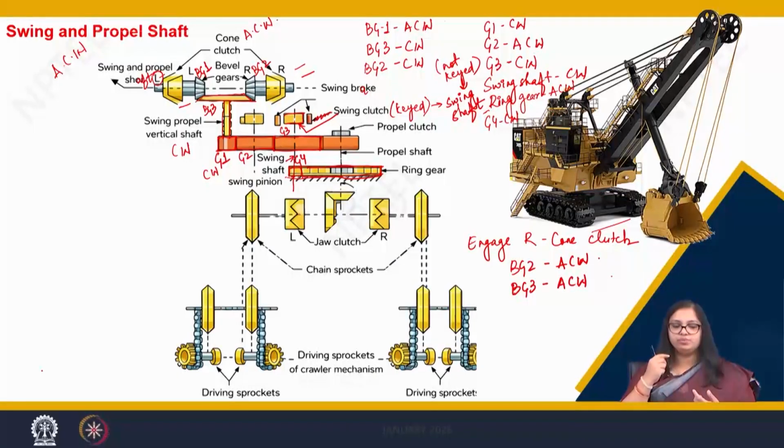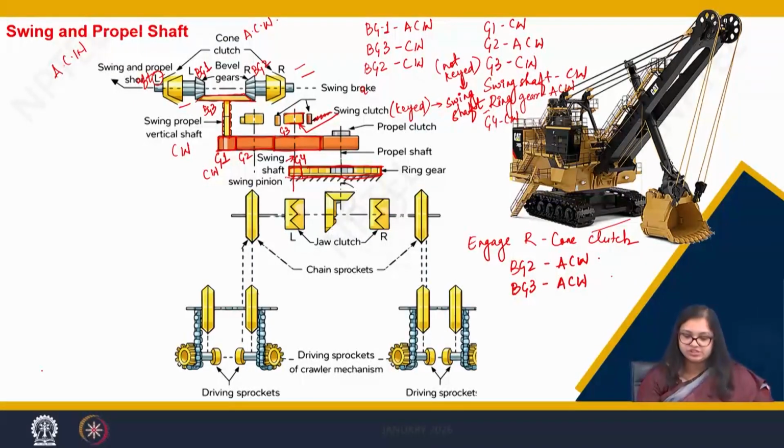So, when my BG1 is rotating in anti-clockwise direction, my BG3 was rotating in clockwise direction, but when my BG2 is rotating in anti-clockwise direction, my BG3 is rotating in anti-clockwise direction only. Okay.